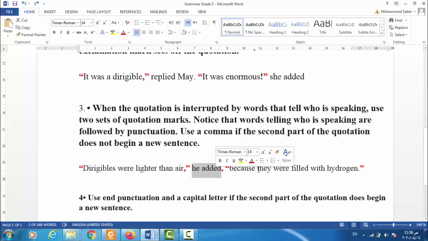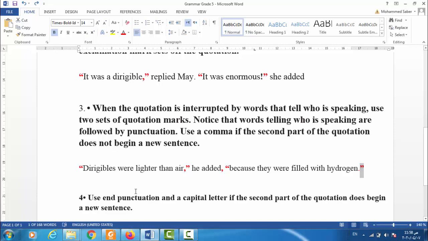So if you interrupt the sentence with the person who said it, you have to do the following, guys. First of all, the first part that you cut here, you have to put quotation marks for it, a separate quotation mark. And the second part here, you have to put another quotation mark.